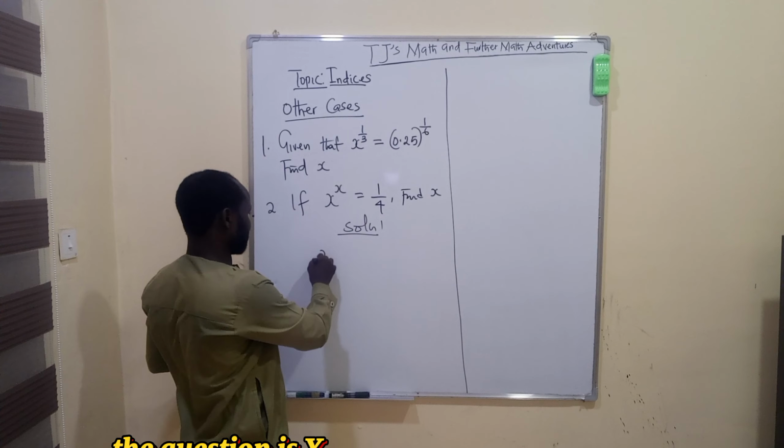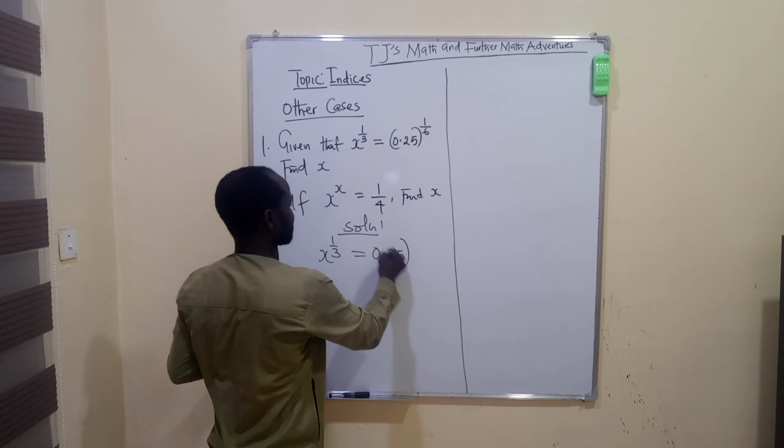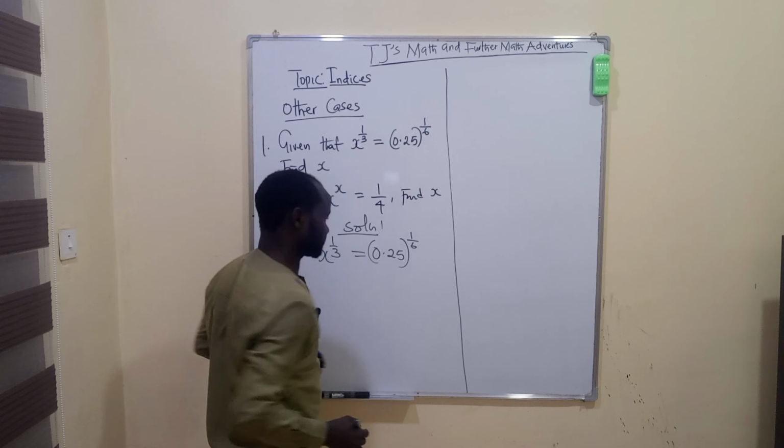The question is x power 1 over 3 equals 0.25 power 1 over 6.